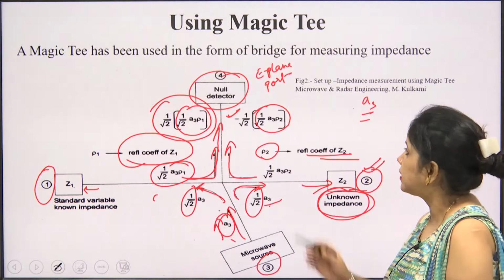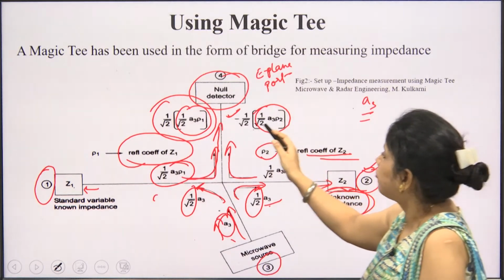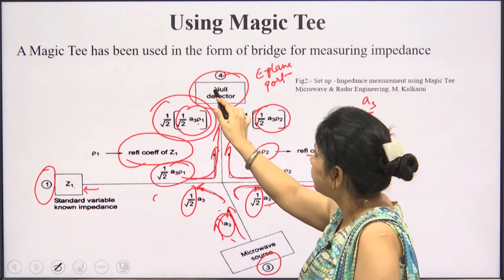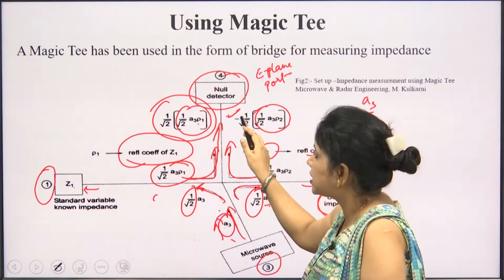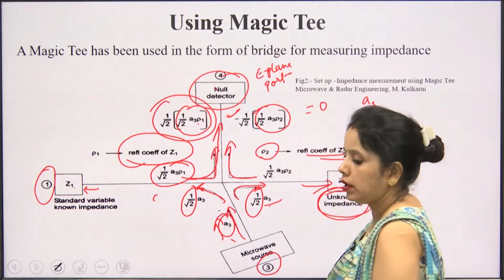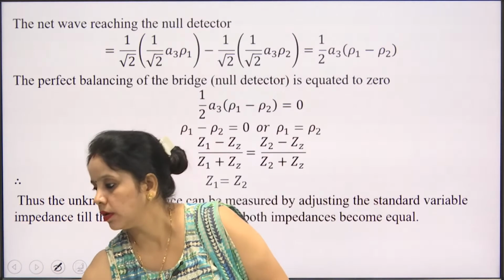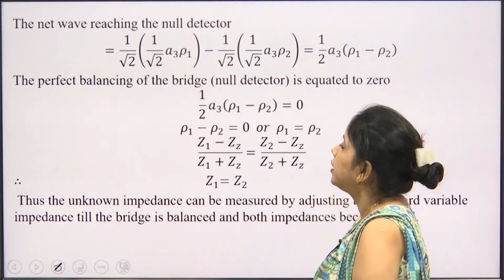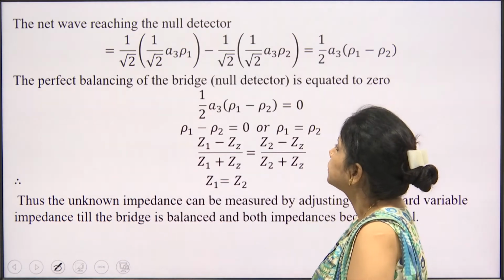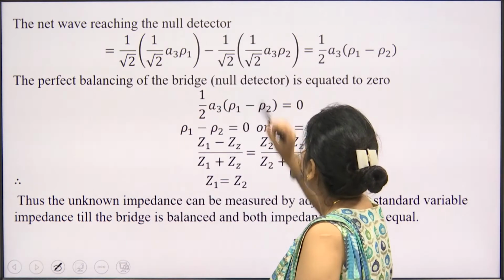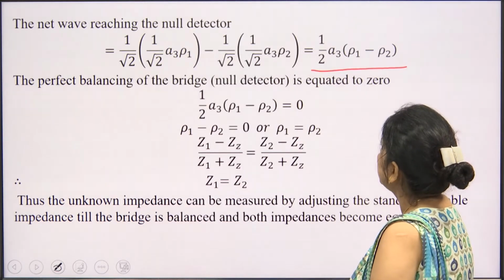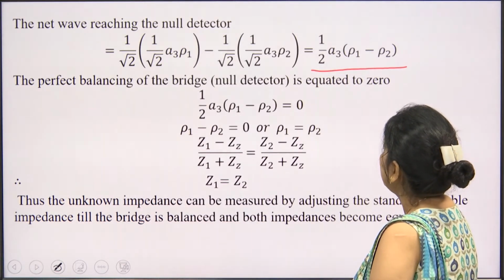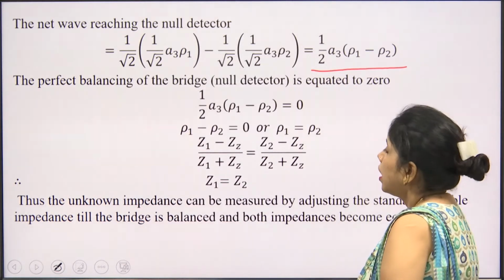So what is the function of the null detector? At port 4, when we add these two, the resultant should be equal to 0. So the net wave reaching the null detector is 1 by 2 A3 times rho 1 minus rho 2.